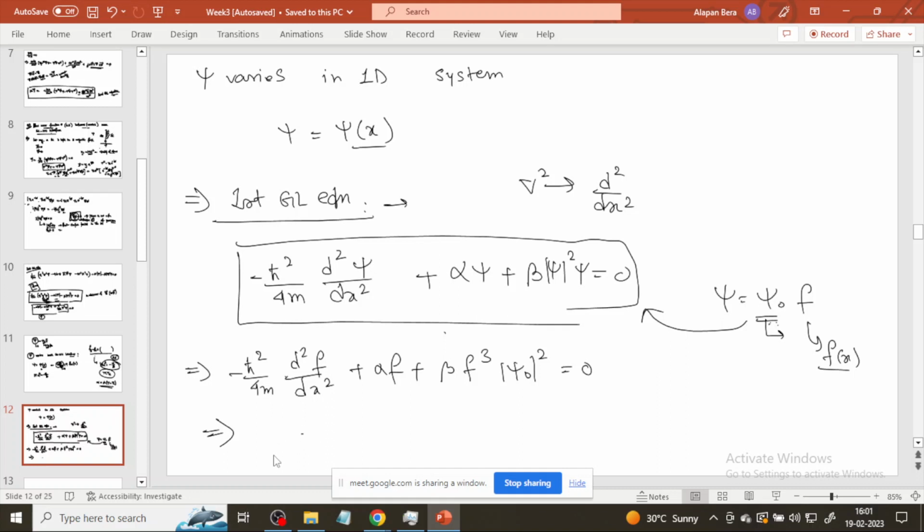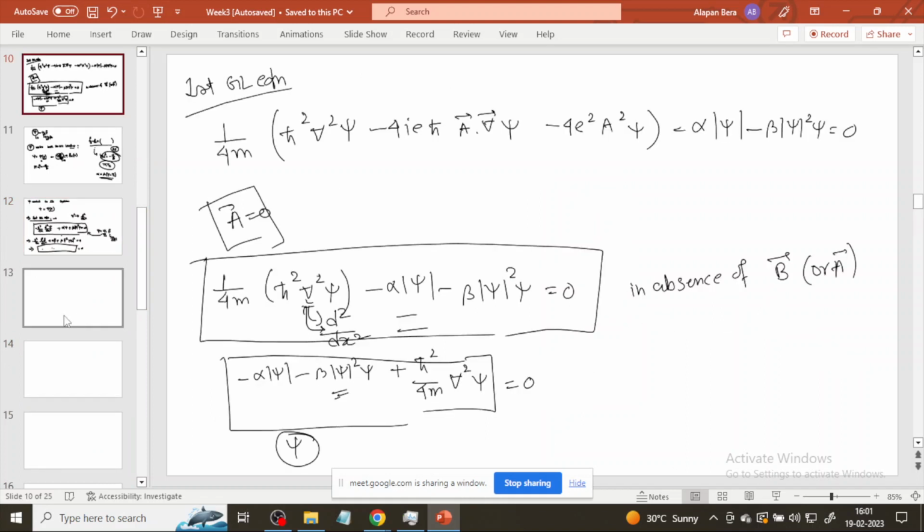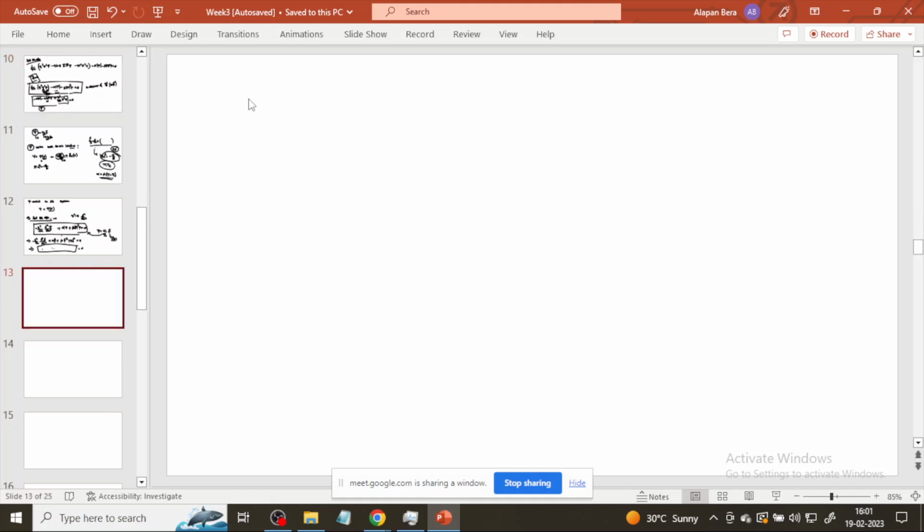I will not do this explicitly, because it's related to your assignment, so I will leave this term here. You can just simplify it and you will see that the ultimate equation comes like this. You can reach this equation.